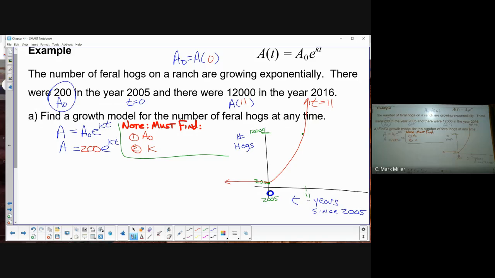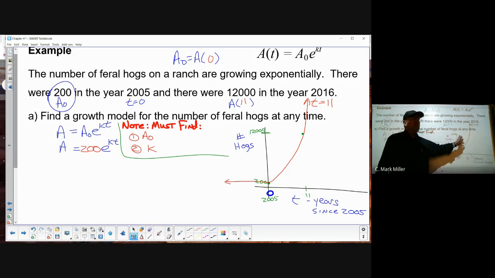See what we did? We plugged it in where it belongs. Now, here's what I need you to understand. When we did our graph, we were given 2 points on the graph. We're given a starting point, and we're given its value at year 11.